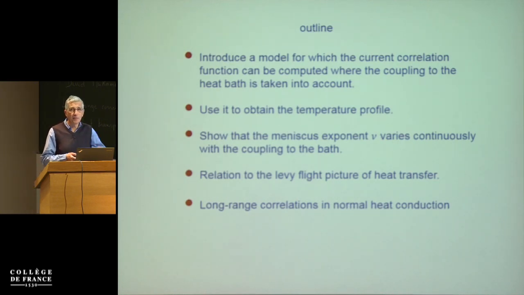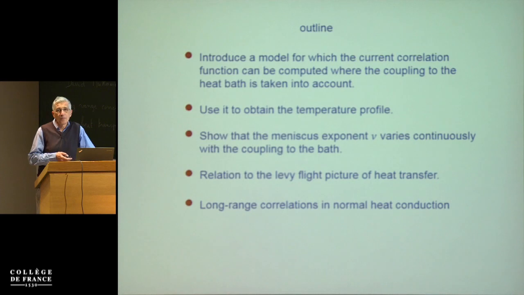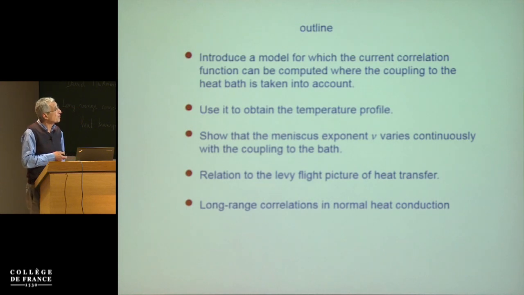So the specific coupling to the bath, if you have some parameter there, it turns out that it is not a universal parameter. It has to do with the coupling to the bath, unlike in most cases the alpha exponent, which determines the way the heat conductivity diverges.